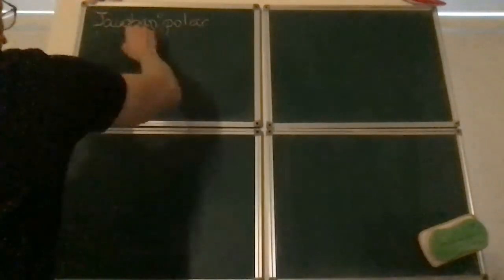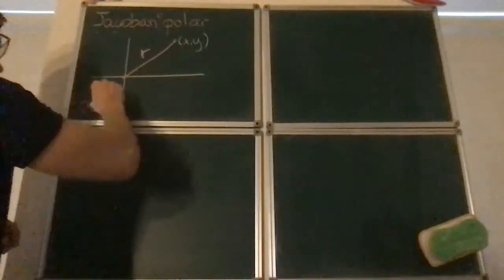Remember that the idea of polar coordinates is that if you have a point x comma y, then instead of specifying the point with x and y, you want to specify the point with r, which for us will always be considered a positive number because it's just the distance from the origin.